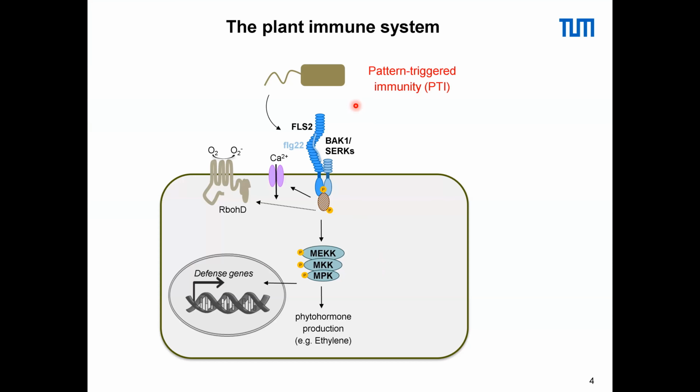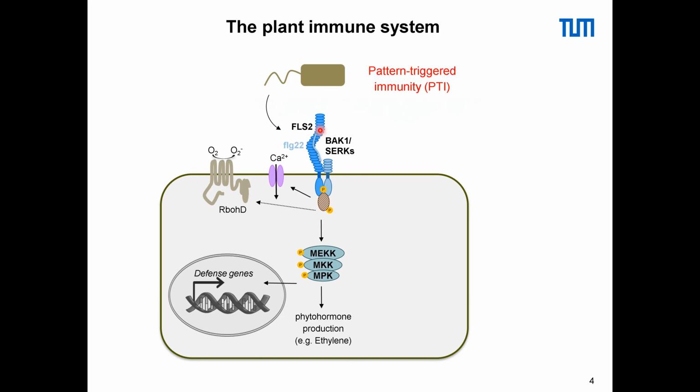And the first line of induced defense of plants against attacking pathogens is also known as pattern-triggered immunity, or short PTI. And this is based on the perception of highly conserved molecular signatures derived from those microbes by plasma membrane or cell surface localized pattern recognition receptors.